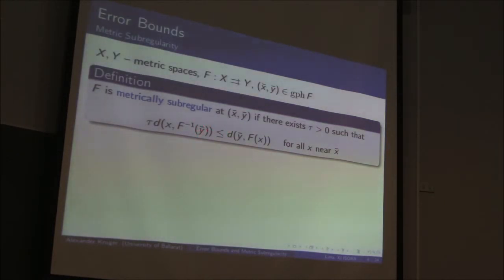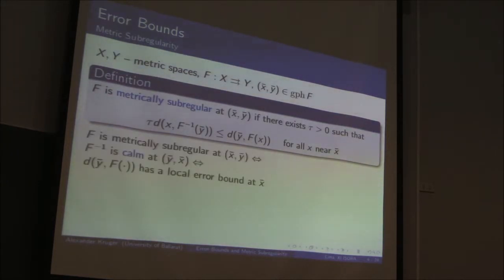If it is not fixed, it is metric regularity. It is also well known that this property of metric subregularity is equivalent to another important property, calmness, for the inverse mapping. And just looking at the definition, it is obvious that this property is equivalent to local error-bound property of this function.